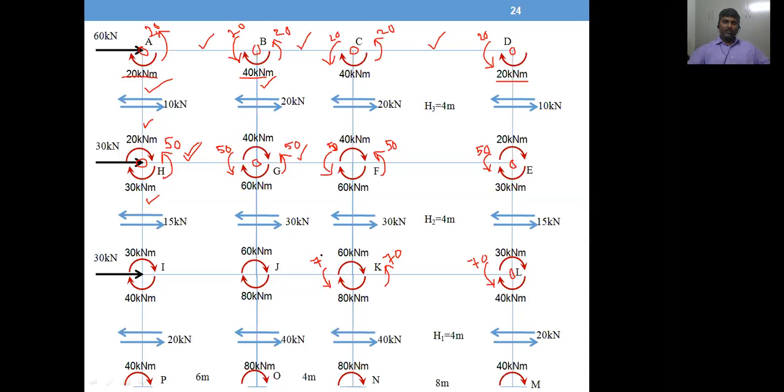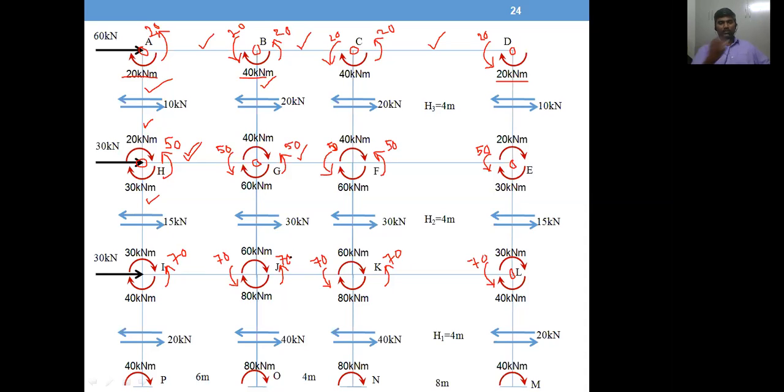So total 140 there, column moment, and 140 beam moment should be there. Same way, same here, 70 and 70. Similarly, the other end also will have 70 there, and 40 plus 30, 70 will match with this.